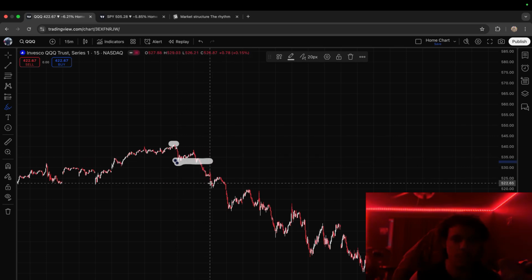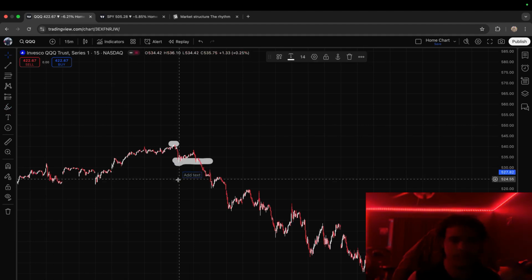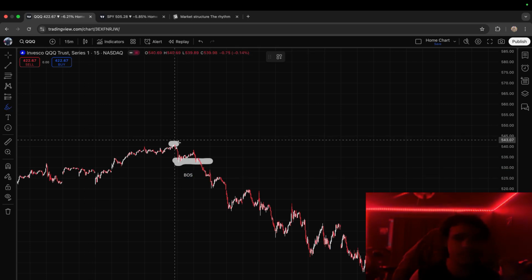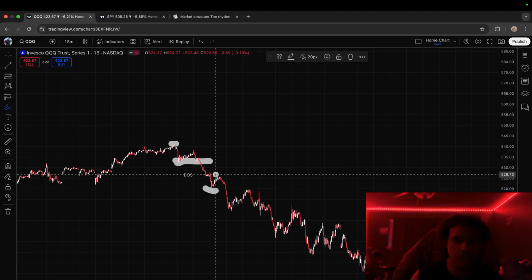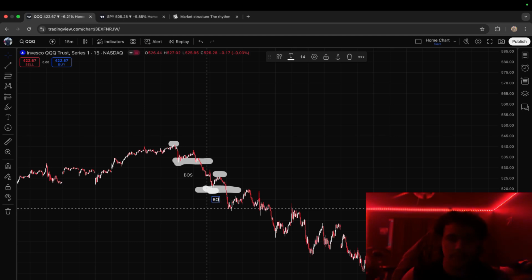We broke that low, creating a break of structure. Break of structure, right? What do we have? Now we have another low and another high. And what did we ultimately do? We broke that low following the trend. So this would be a break of structure, right?